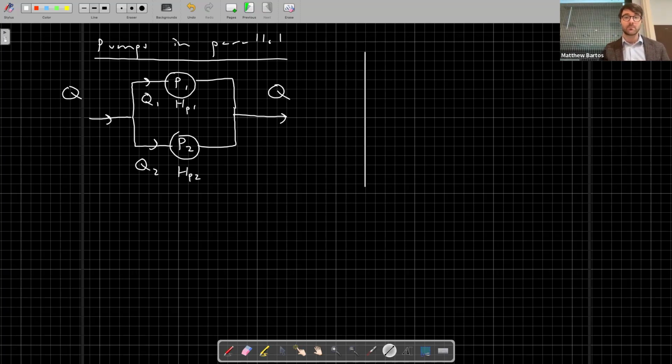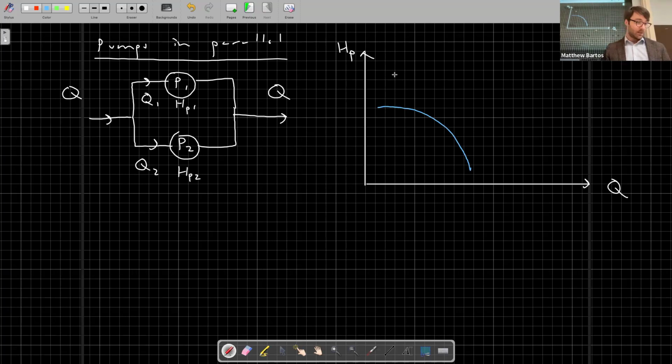And let's say, just like before, that we have pump curves for each one of these pumps. They're not necessarily the same. This is the discharge on the x-axis, the pump head on the y-axis. Let's say pump 1 has a pump curve like this. Pump 2 has a pump curve like this.